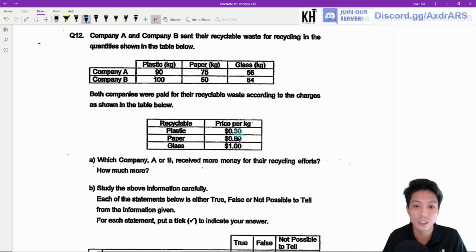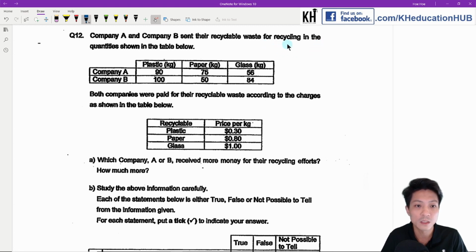Okay, the price per kg will be 30 cents, 80 cents, and $1. Which company A or B received more money for their recycling efforts? How much more? Okay, which means that I need to find how much A received and how much B received, and I need to subtract the both of them.